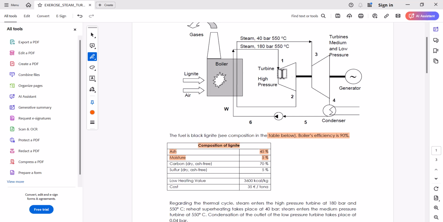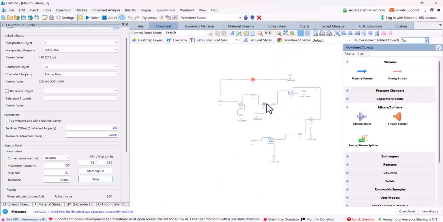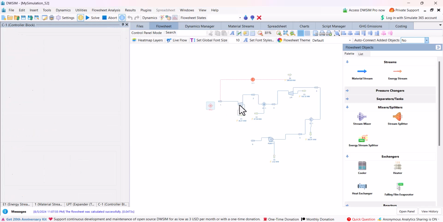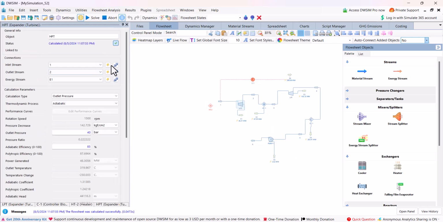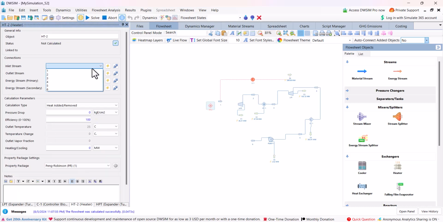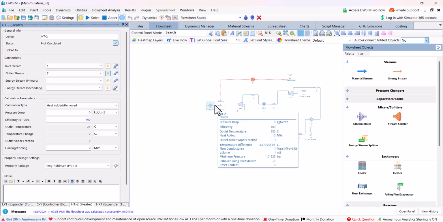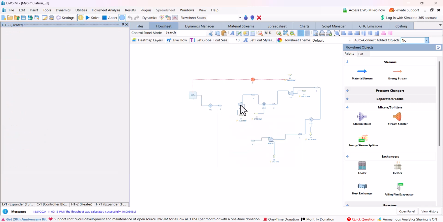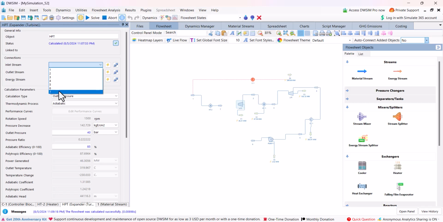So we already had one reheater, so we need to add the boiler there also. So the reheater has been added, which is consuming 67.5 megawatt of heat. So there must be another heat exchanger, heater. So what I will do, I will go to the HPT and disconnect stream 1, add it to the inlet stream of H1, add a second stream there, and use stream 7 there.